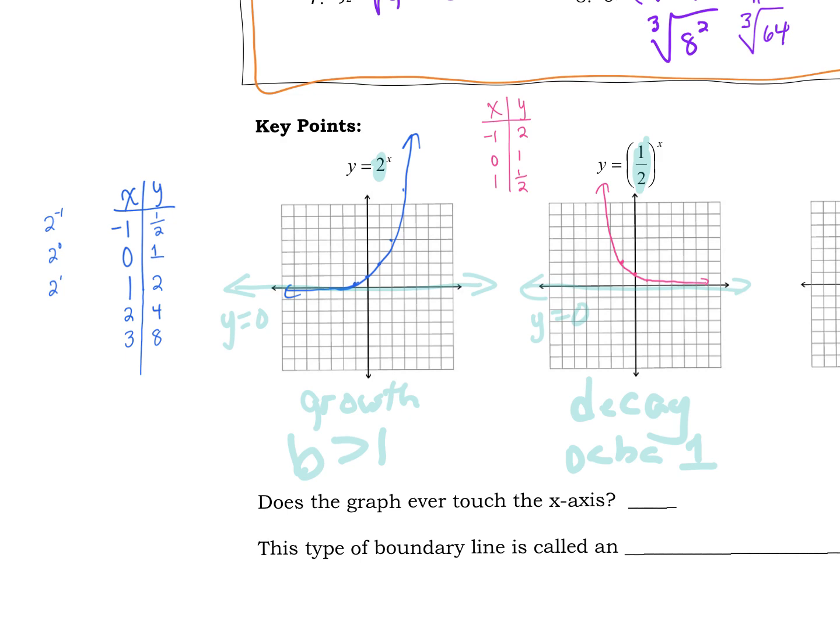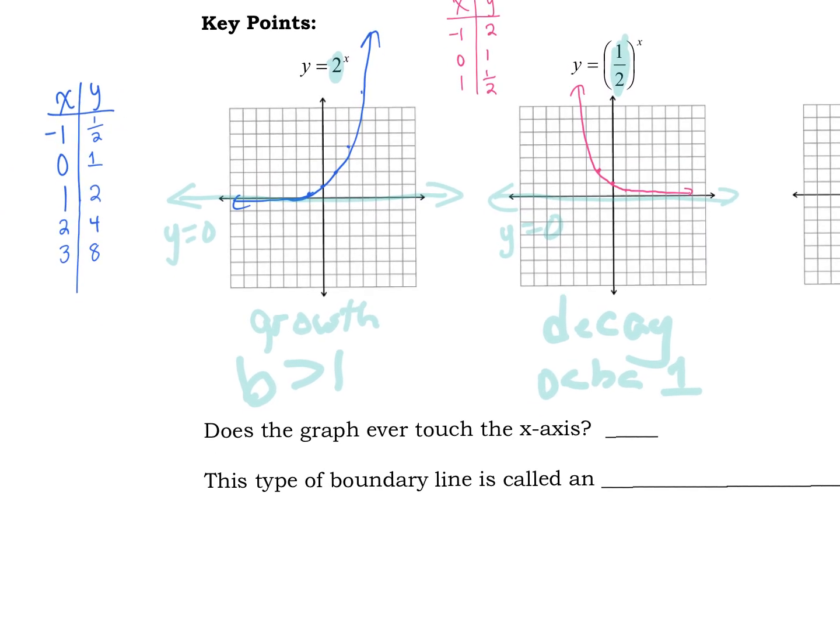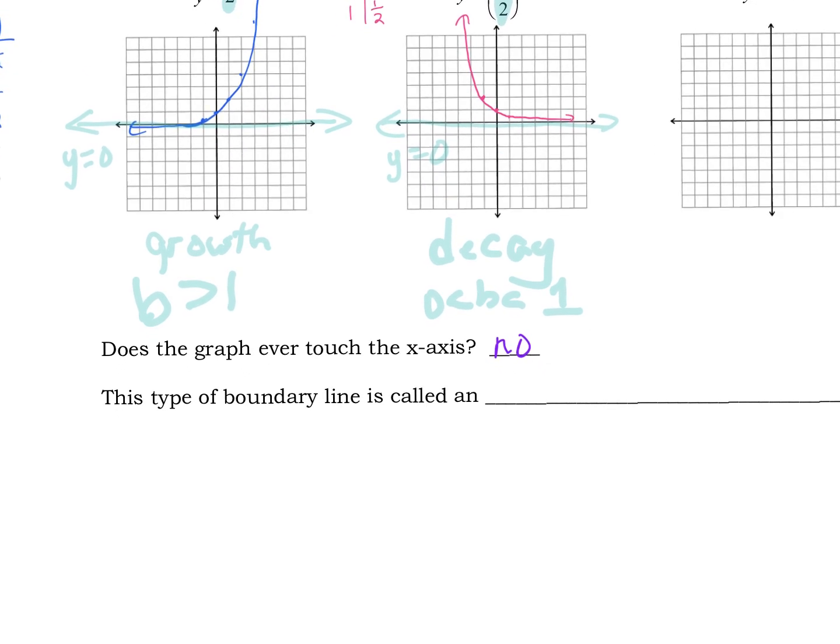All right, I'm going to jump down here because we've kind of looked at this already. Let's go ahead and answer these questions. It says, does the graph ever touch the x-axis? And we know that's a no. The type of boundary line that this is called, you still keep seeing these asymptotes, don't you? We're going to write the equation of that as y is equal to whatever the number is.